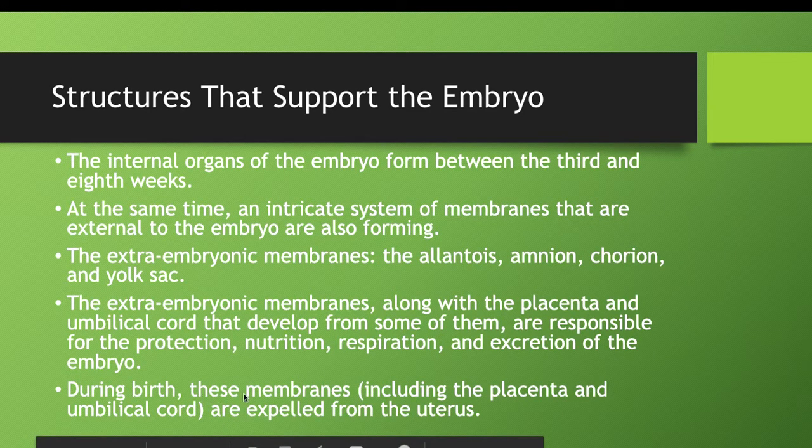During birth, these membranes, including the placenta and the umbilical cord, are expelled from the uterus. So when you give birth to a baby, and then you give birth to all of these extra membranes. So you give birth to the placenta, and I guess they cut the umbilical cord that's attached to the baby, and then all of these extra membranes would be expelled from the uterus right after the baby is born.